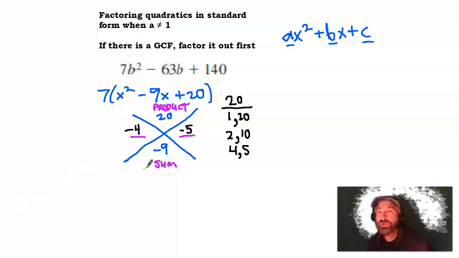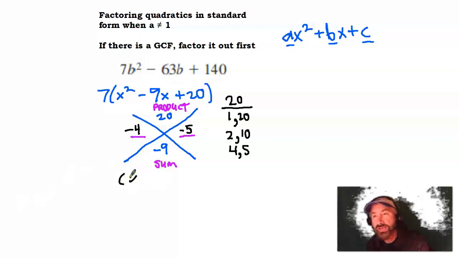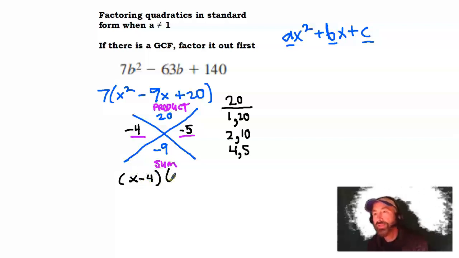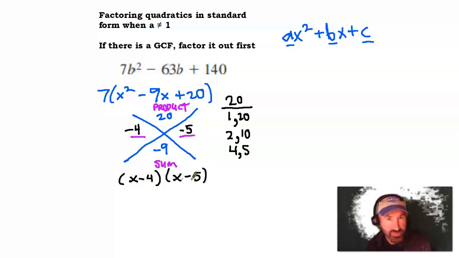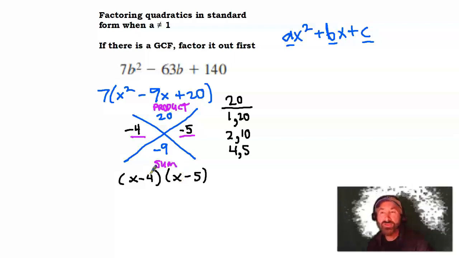So let's go ahead and get the factors for that trinomial. They'll be binomial factors. It'll be x minus 4. It's a binomial because it's two things that are added or subtracted together. And then x minus 5, again, it's a binomial because it's two things that are added or subtracted. Each one of them is a factor of this trinomial, 3 terms, 1, 2, 3.